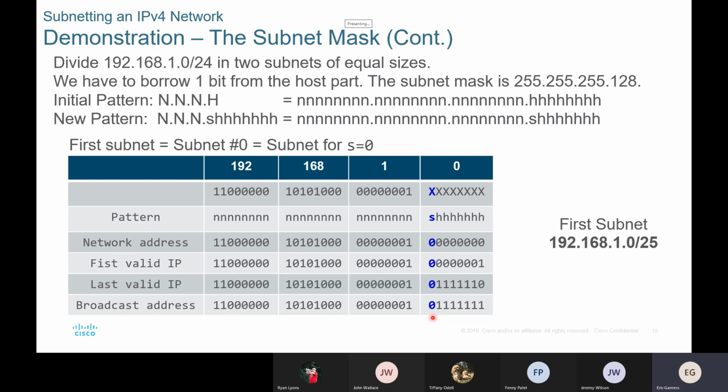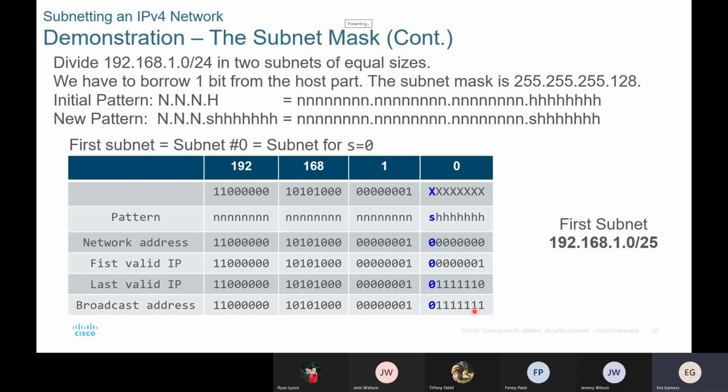So remember, we started with a network that has 256 IP addresses that go from .0 to .255, and we split it in 2. Each subnet will have 128 IP addresses. So here we are talking about the first subnet, and as you can see, it goes from .0 to .127, which is exactly half of it. Remember, the network address is the first IP address of the network, and the broadcast address is the last IP address of the network.